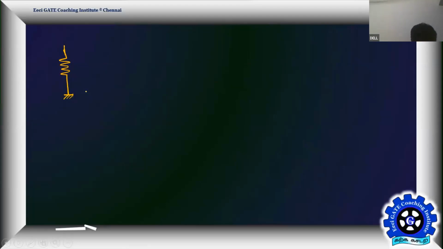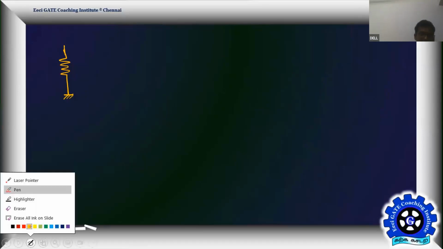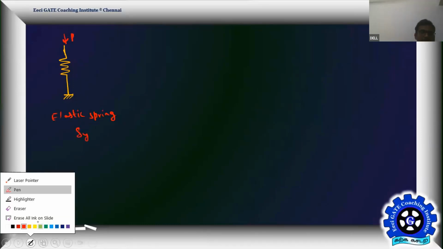I'm talking about an elastic spring, not a torsional spring. Only one, no, sir. What is that one? Delta Y, sir. Yes. Whenever I apply a load, it offers only displacement in Y direction. Therefore, it has only one reaction, to take the vertical reaction.